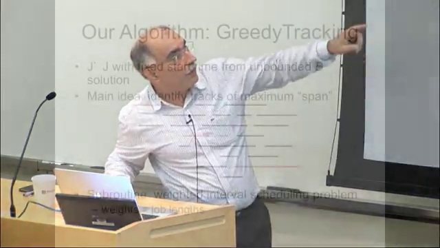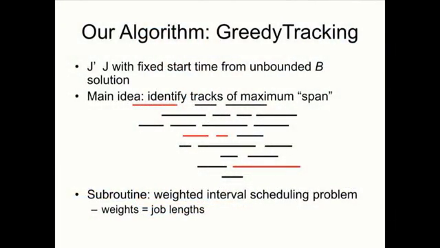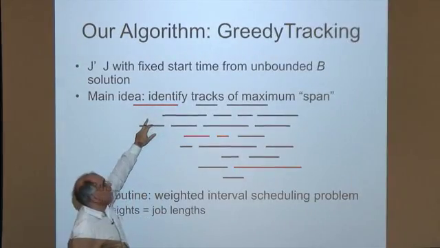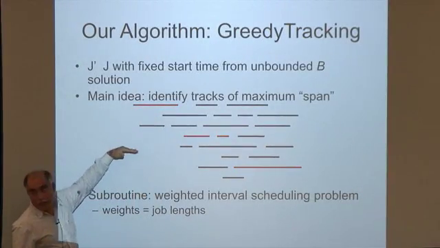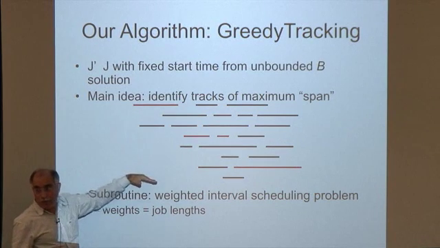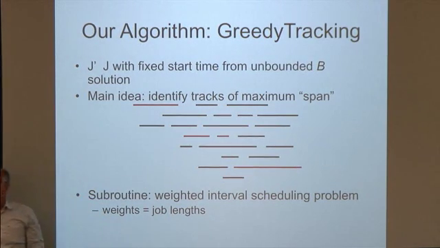If you go back to how we are finding these tracks, Seth is right. We are finding one color class with maximum weight, and then with whatever jobs are left, we create the second track. But you're saying that we should have actually found B of them simultaneously. You can do that and maximize the total weight. That you can do in polynomial time.